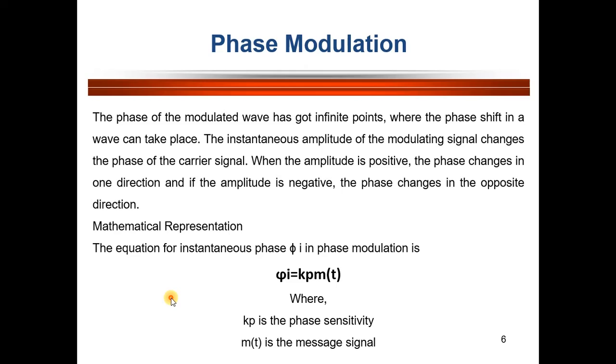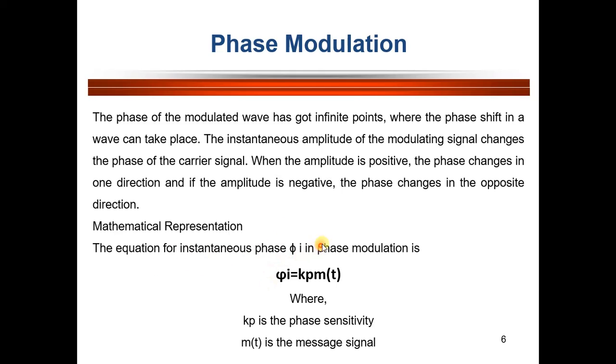Now we come to some mathematical representation in phase modulation. The phase of the modulated wave has infinite points where a phase shift takes place. The instantaneous value of the amplitude of the modulating signal changes the phase of the carrier signal. When the amplitude is positive, the phase changes in one direction, and if the amplitude is negative, the phase changes in the opposite direction.